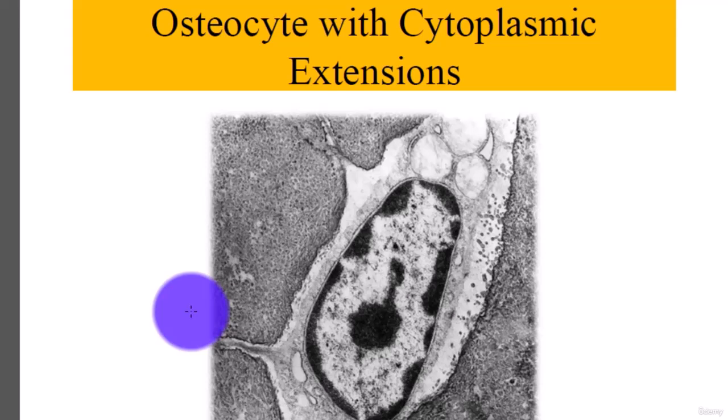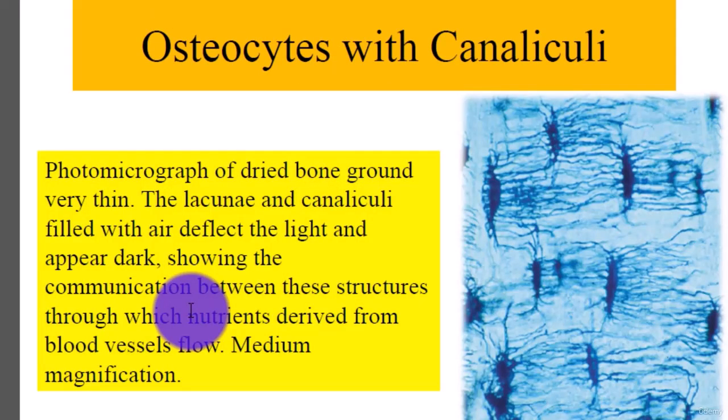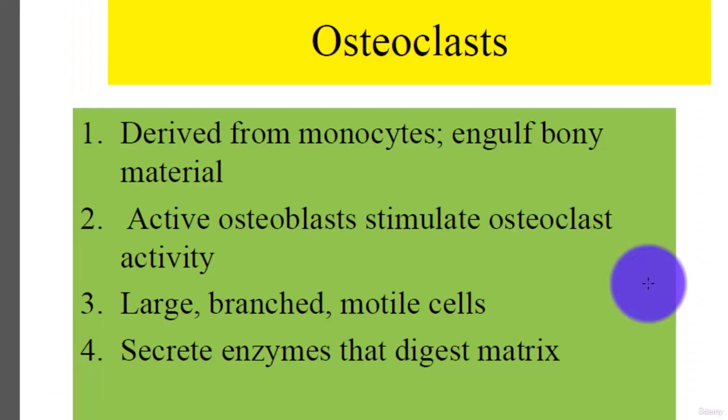Osteocyte with cytoplasmic extension, osteocyte with canaliculi. This photomicrograph of dried bone, ground very thin: the lacunae and canaliculi filled with air deflect light and appear dark, showing the communication between these structures through which nutrients derived from blood vessels flow. Medium magnification.